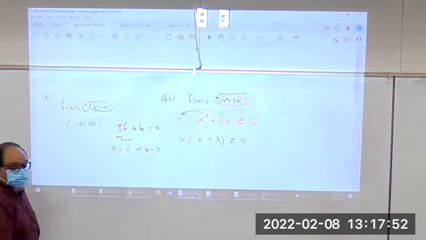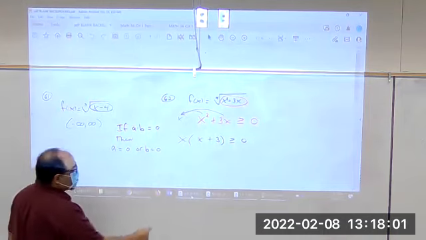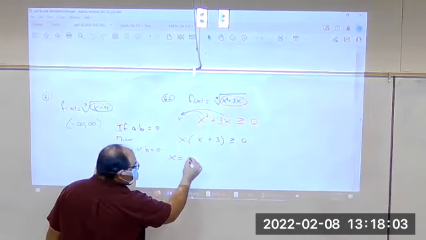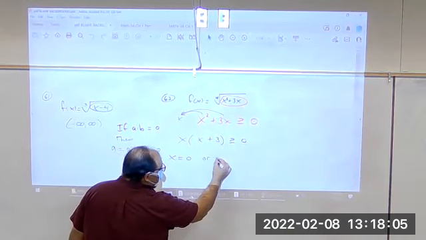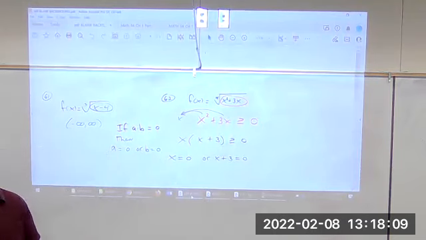One of those has to be 0. The only way to multiply and make 0, one of those factors has to be 0. So that means either this x is 0 or the x plus 3 is 0.